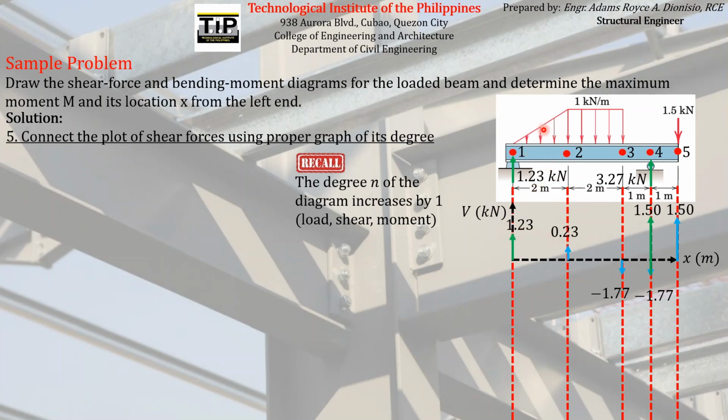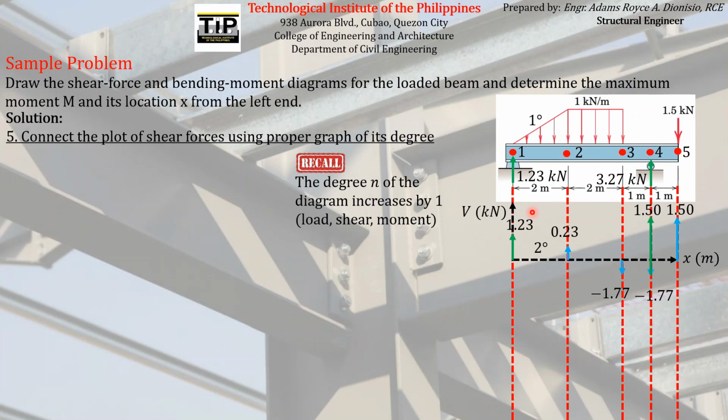And according to this diagram, which is a triangular load, which obviously has a degree of 1, the degree of the curve that connects these 2 points must be 1 degree higher, which is second degree.